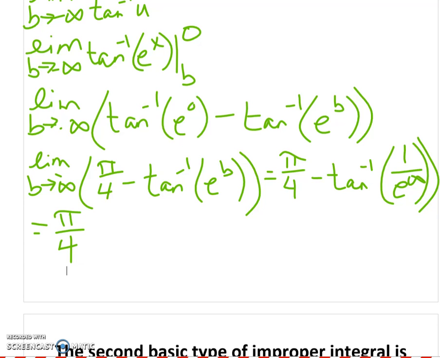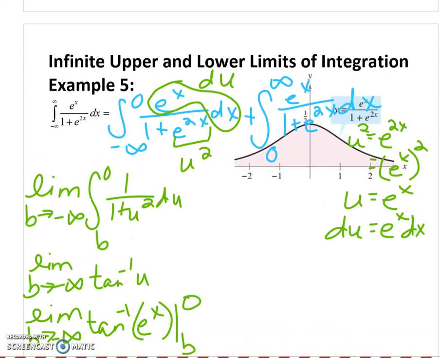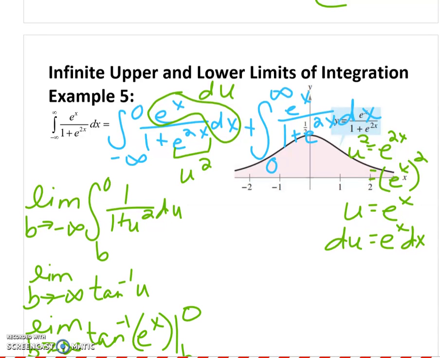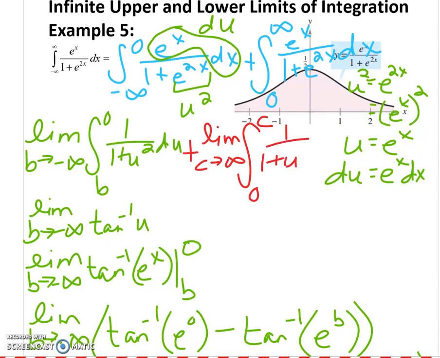Now let's go back up here and look at the other guy, and I'm going to do him in red. So this would be plus the limit, and since we've already used b for the first half, you can choose some other constant. You can choose c, you can choose d, it really doesn't matter. So we'll say as c goes to infinity of the integral from 0 to c of 1 over 1 plus u squared du.